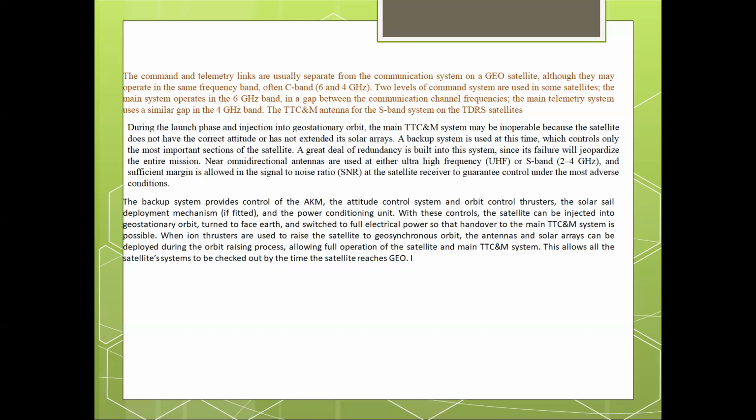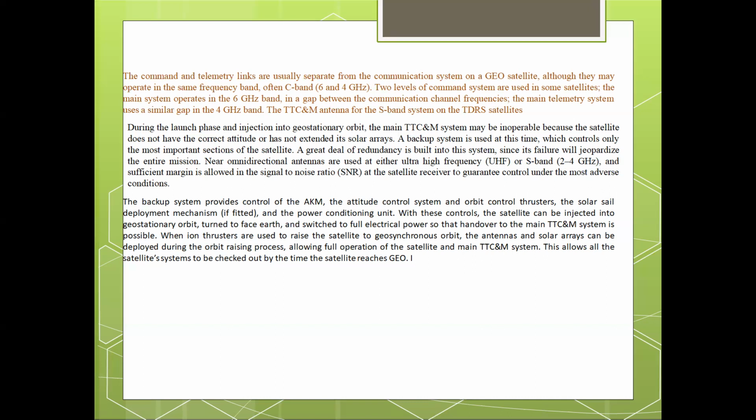Number one, it is able to provide a highly effective security system to the satellite. Number two, by using the command system during the launching time, it is able to control the firing of the apogee kick motor as well as the spinner functions in the particular satellite. Number three, it will provide safeguards against unauthorized items.